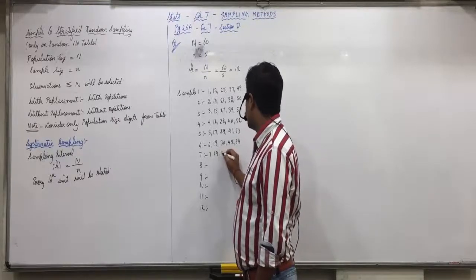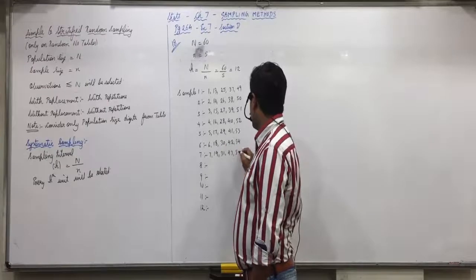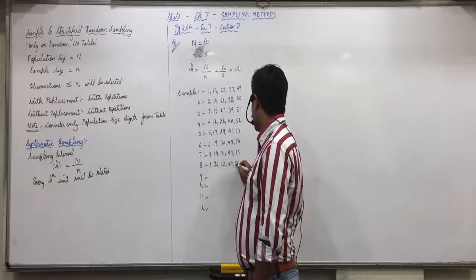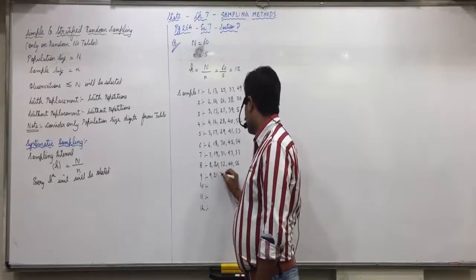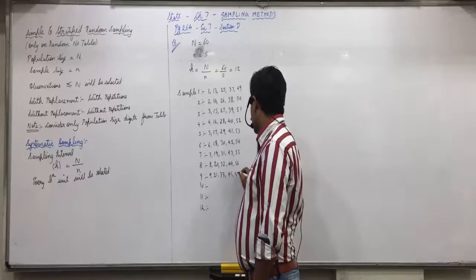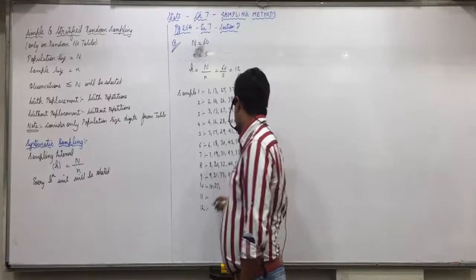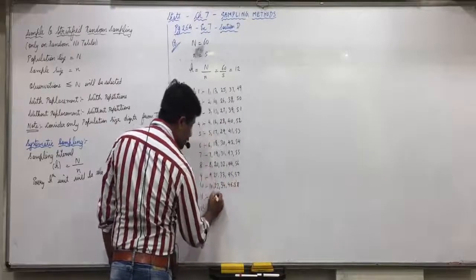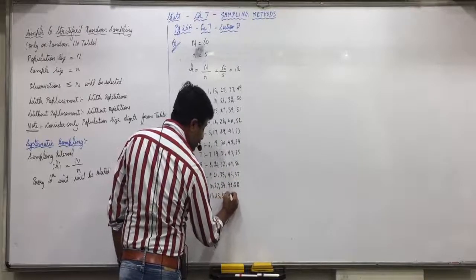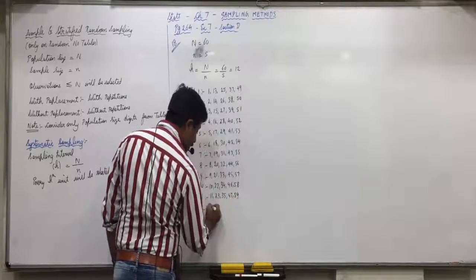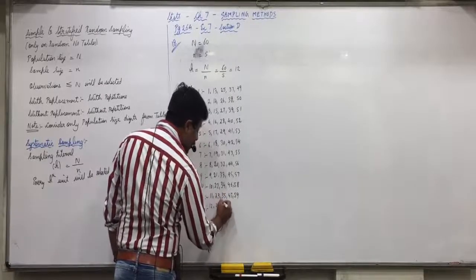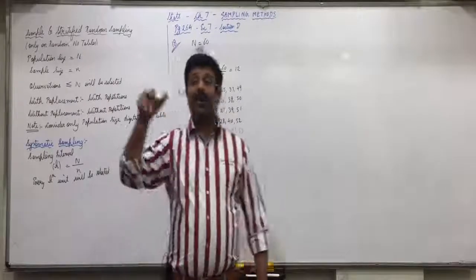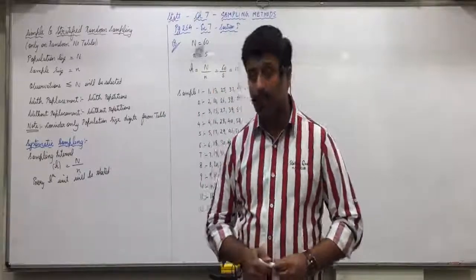Then 7, 19, 31, 43, and so on. Last will be 10, 12, 24, 36, 48 and 60. So any one of these 12 samples is possible.